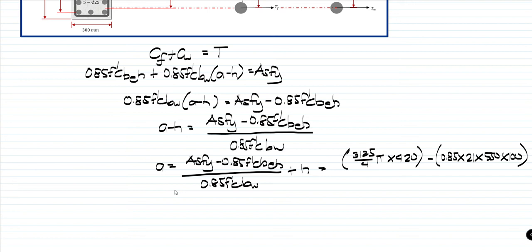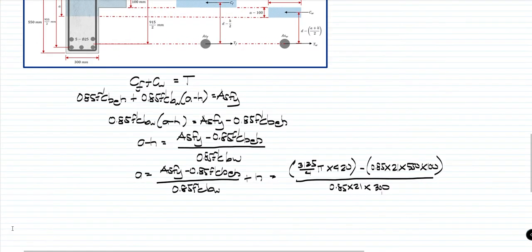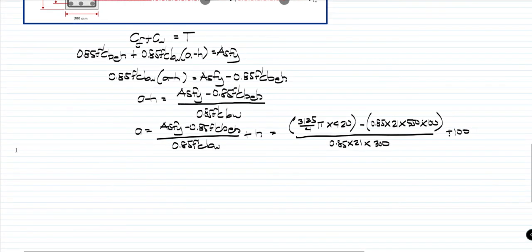That should be divided to the value 0.85 times 21 times the BW, which is 300. And we will add the thickness of the slab, which is 100. So, coming from this calculation, we can get the depth of compression block, which is A, and that is 109.1662. That is in mm.